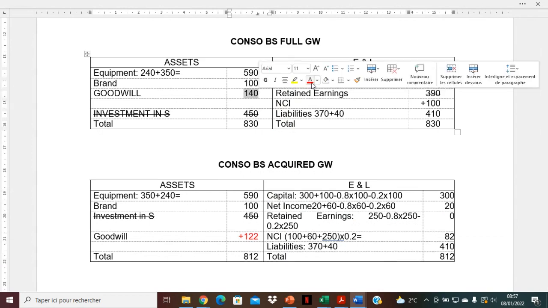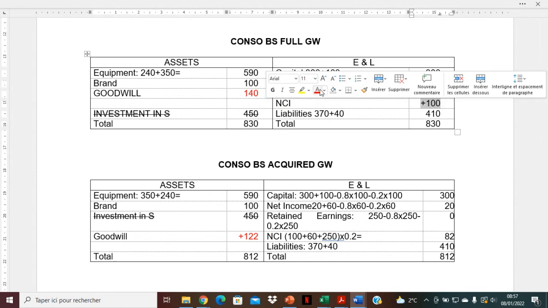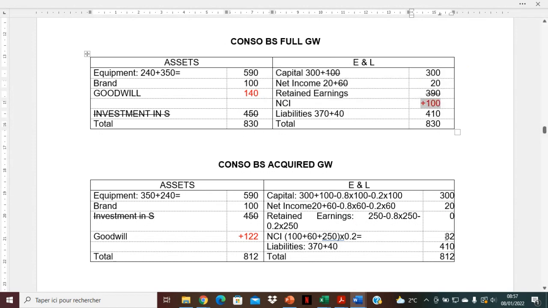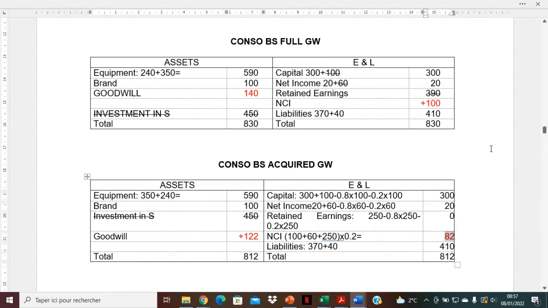The capital is the same, net income is the same, total liabilities is the same, and where we have a difference is NCI, because in the full goodwill setting, NCI is higher because the NCI value includes the part of goodwill that relates to NCI.